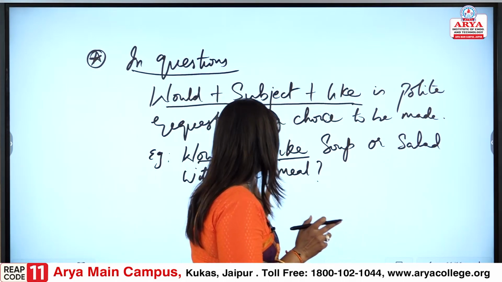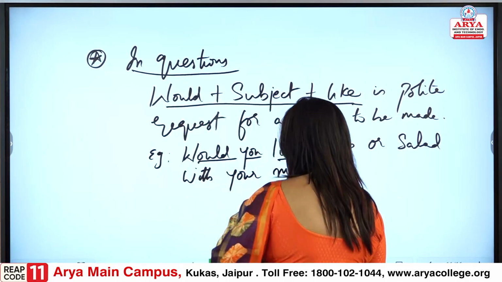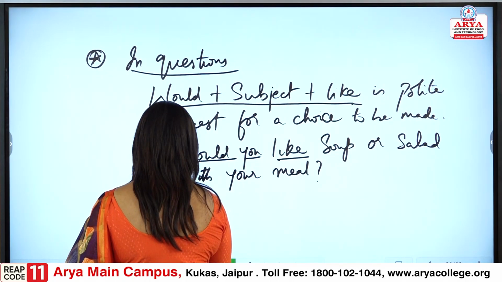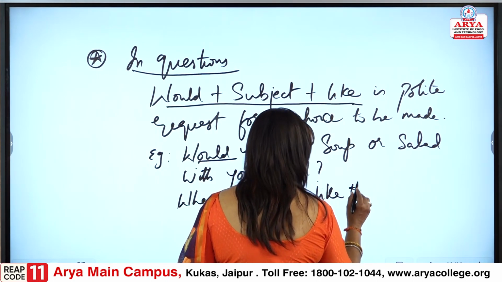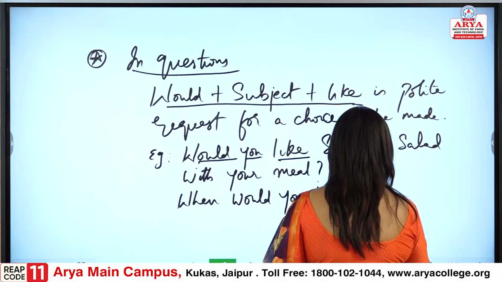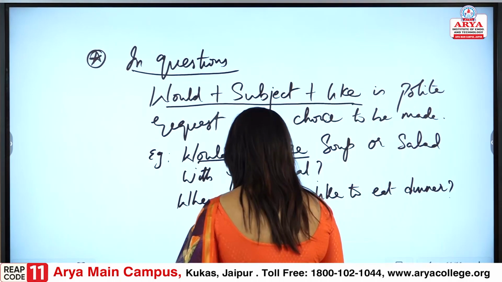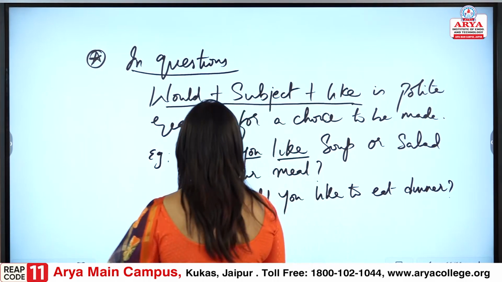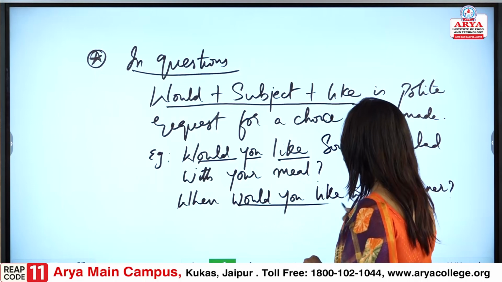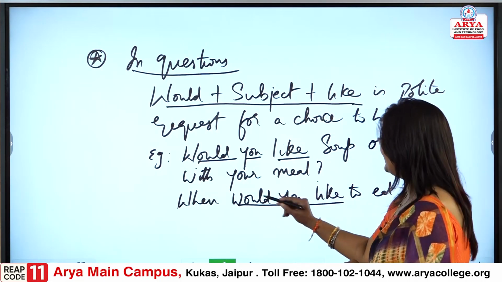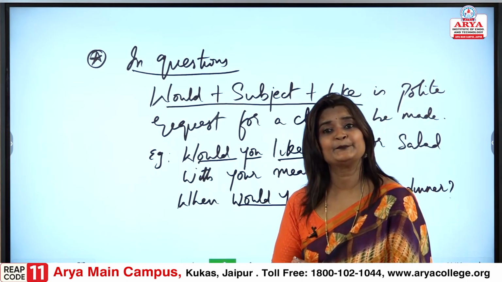So, I think with the example you could understand. Let me give you one more example. When would you like to eat or have dinner? So, again, when would you like to eat dinner?